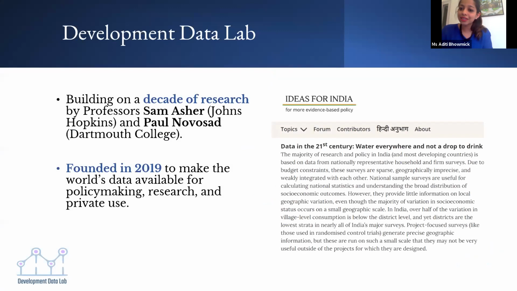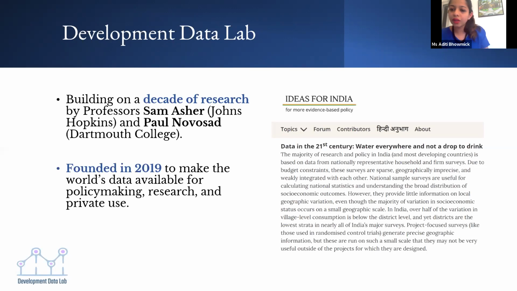Our organization is about a year and a half old and is growing rapidly. Now is a particularly exciting time for us as we are charting our future in India's development data space. The organization was essentially born based on a decade of work by Professors Sam Asher and Paul Novosad, and their work mostly has been focusing on uncovering the determinants of growth and poverty in India.